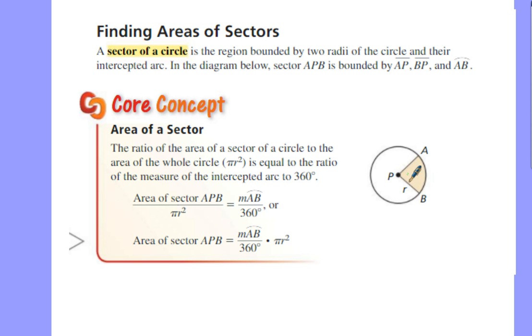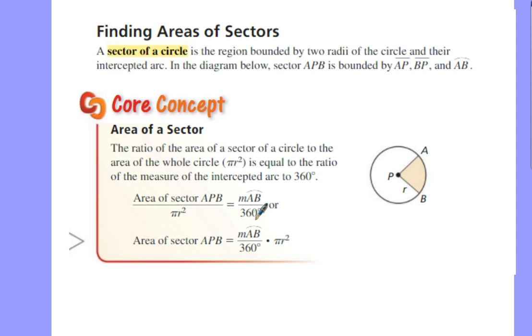Well, if the sector is just a portion or a piece of the pizza, and that's all that it really is, then you're really just thinking of the sector as a piece of the whole area. So the area of the sector is to the area of the whole circle, just as the measure of the sector is to the whole circle's measure.